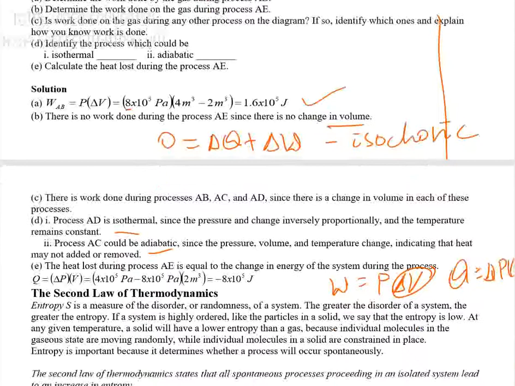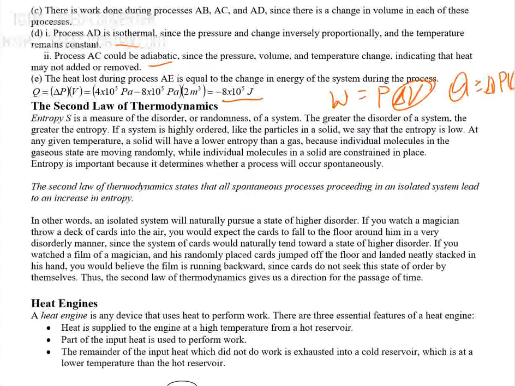Therefore, 4 times 10 to the power of 5 minus 8 times 10 to the power of 5, times the volume, which is 2 meter cube, and finally we get negative 8 times 10 to the power of 5 joule. This negative sign indicates the lost energy, the heat lost.